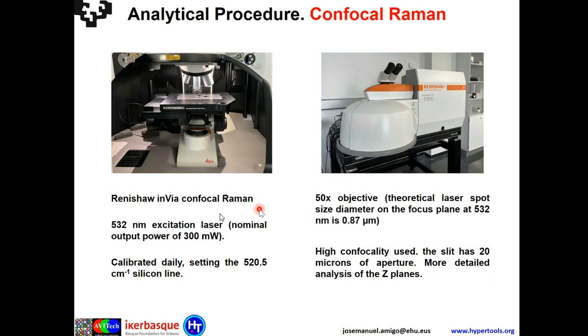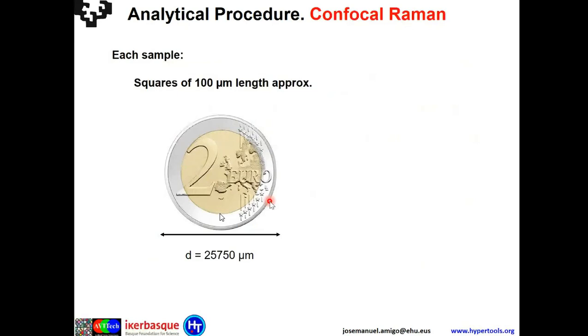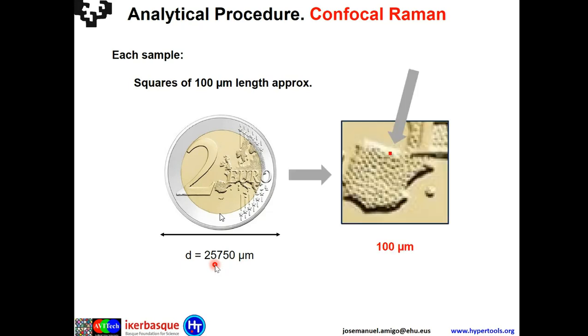Okay, the problem of Raman imaging is that we really needed to know where to target. Because for you to have an idea, I put here a €2 coin that has around 26 millimeters of diameter. We were scanning areas that are equivalent to 100 times 100 microns.